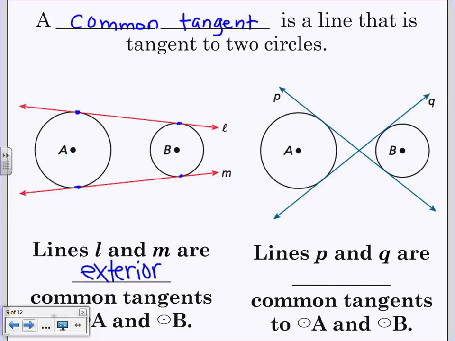And if we have a tangent like over here where tangent P is along the top of circle A but along the bottom of circle B, this is known as an interior common tangent, because it crosses over the interior between those two circles.